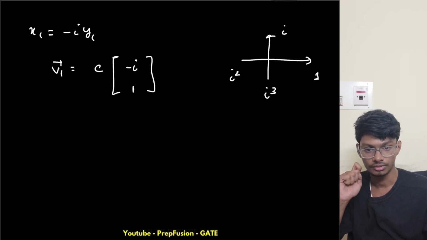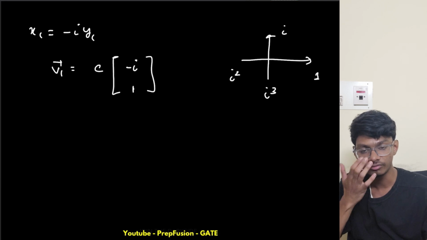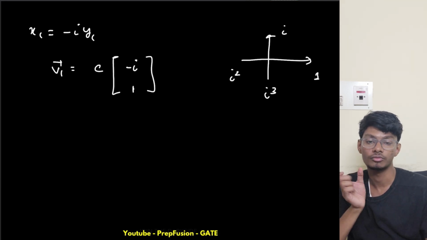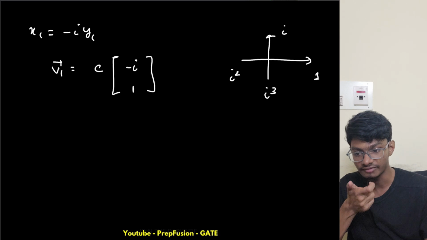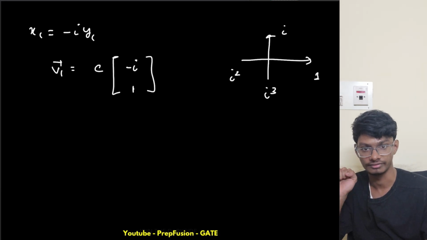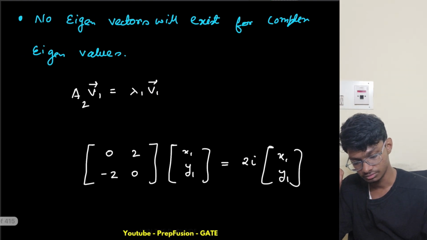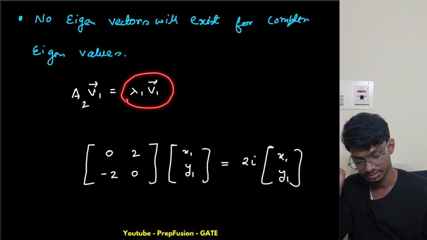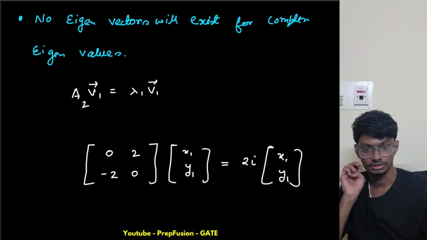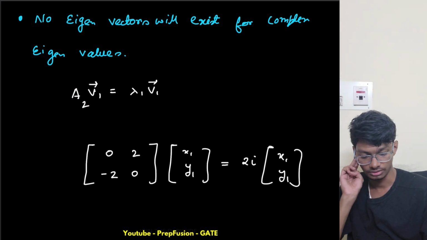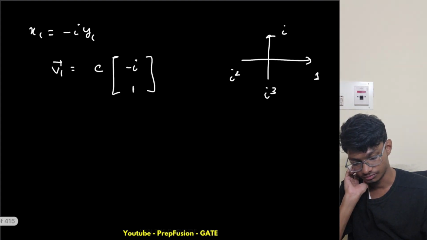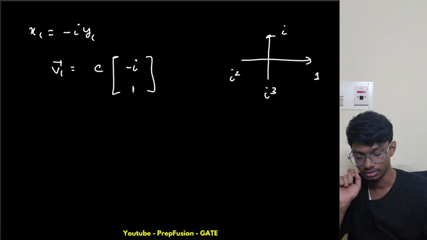Because the scaling factor will be complex, we have to multiply with a complex eigenvector to get a real matrix like this. That was the important point to note here.